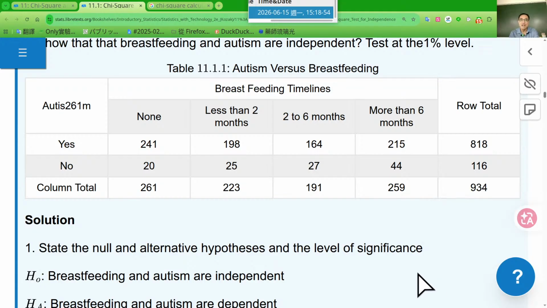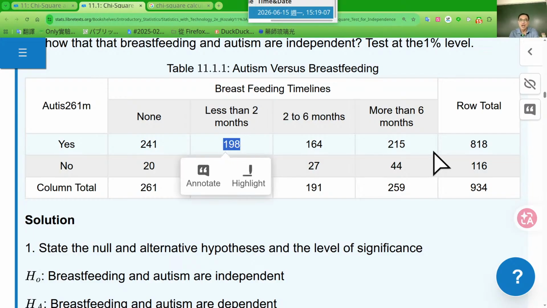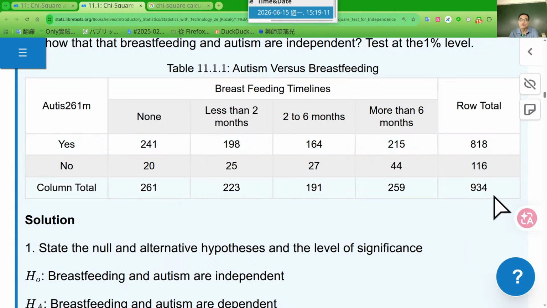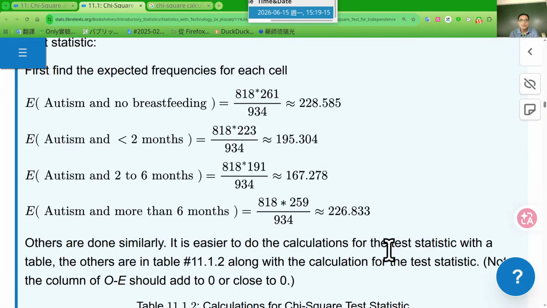And here is the expected value of this, 228 and some decimals. And here 198 times 818 divided by 934. That is the expected value here.